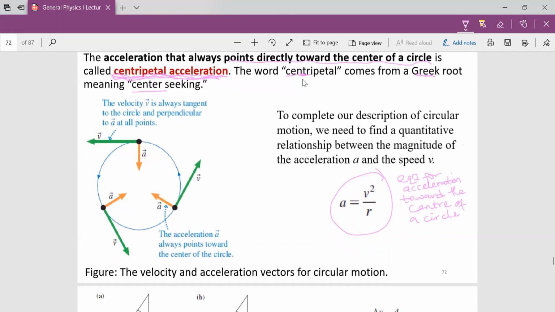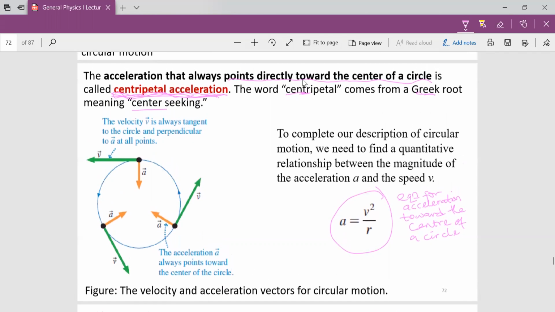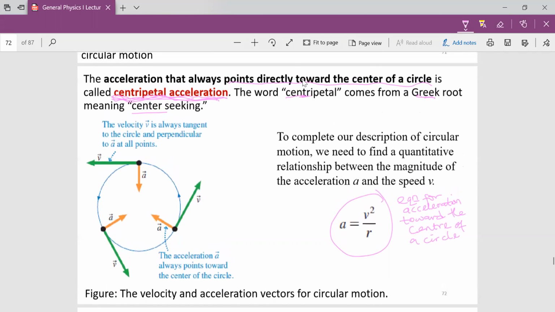Now, the unique thing about these three forms of acceleration that we have seen is that we are adopting the same idea or understanding of the definition of acceleration, which is change in velocity with time. Okay.